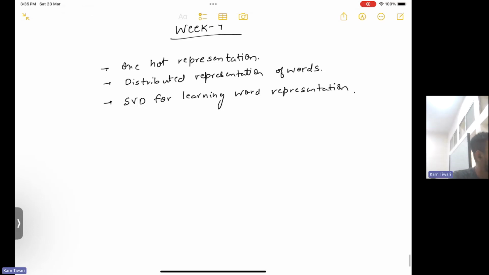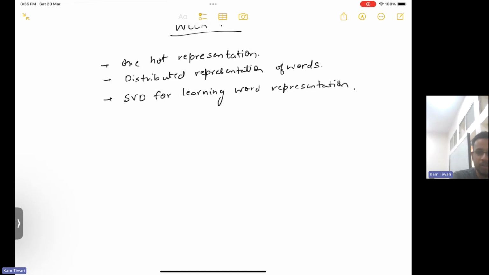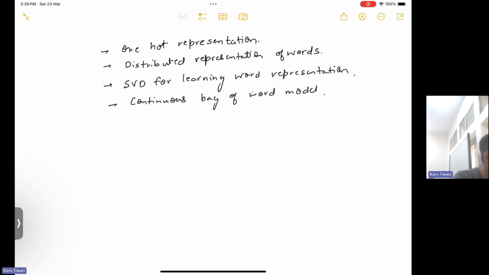And then we'll look at the continuous bag of words model. Then the skip-gram model we are going to look into, and contrastive estimation.